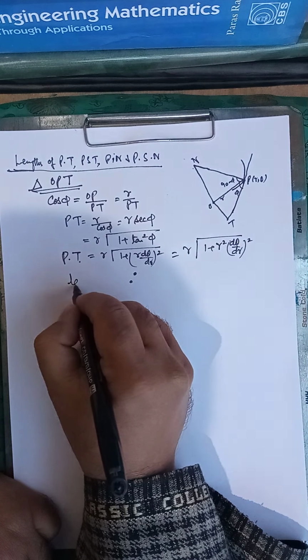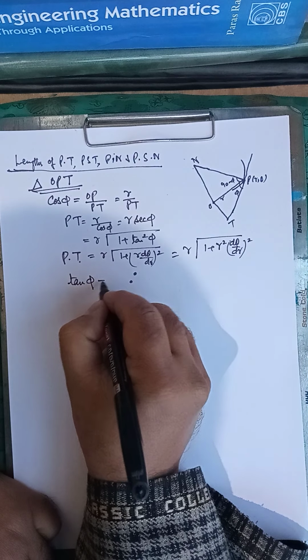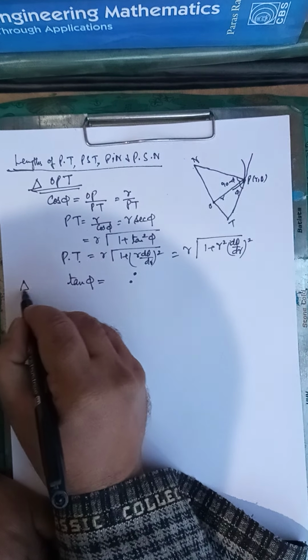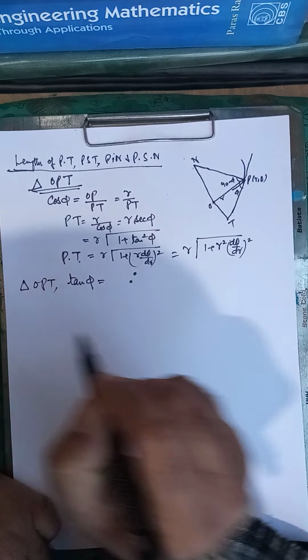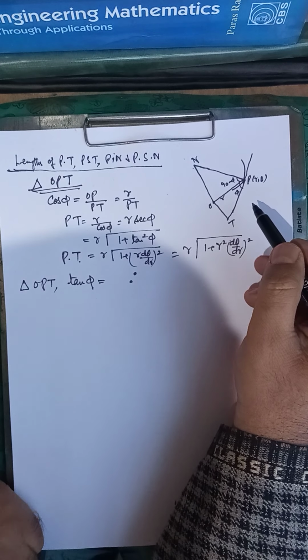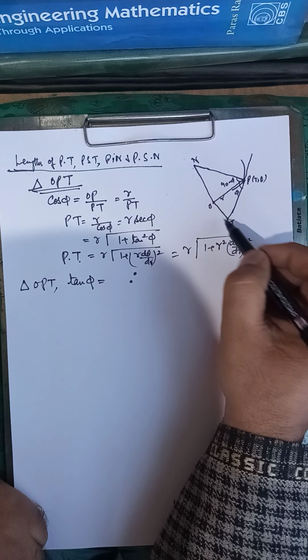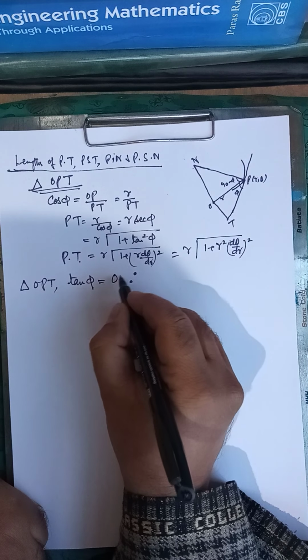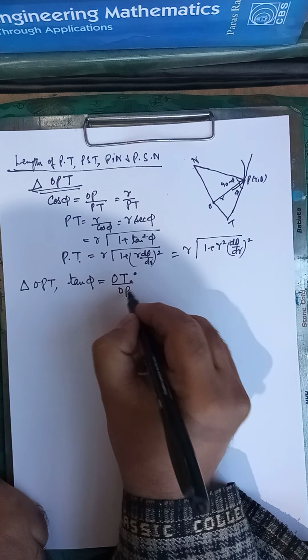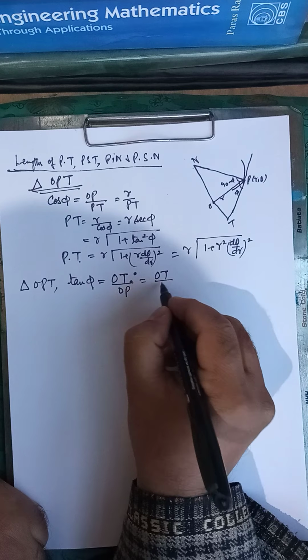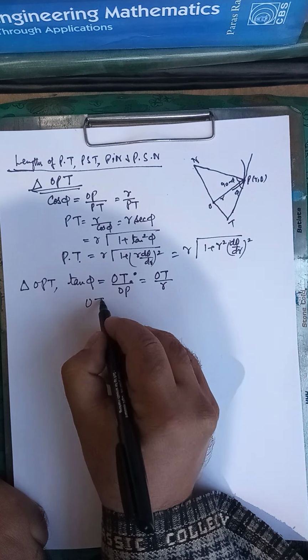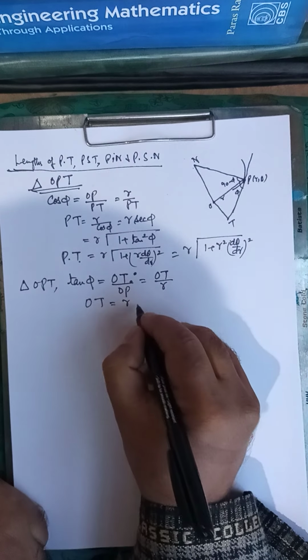Now I can have from this triangle again tan phi. What is tan phi? Perpendicular by base, OT by OP. It is OT by r. So OT is equal to r tan phi.